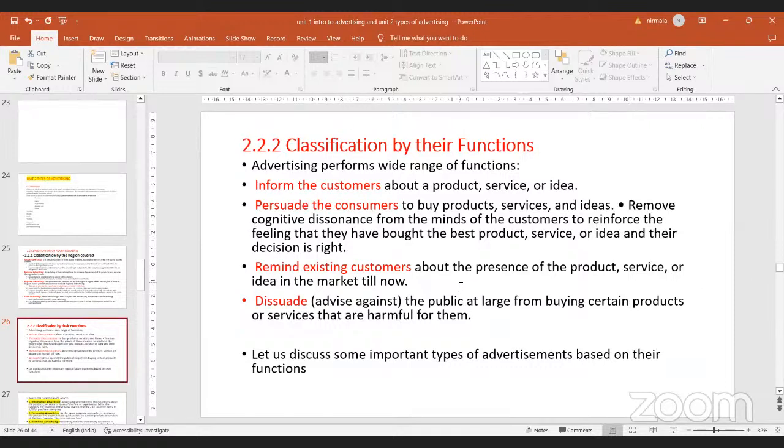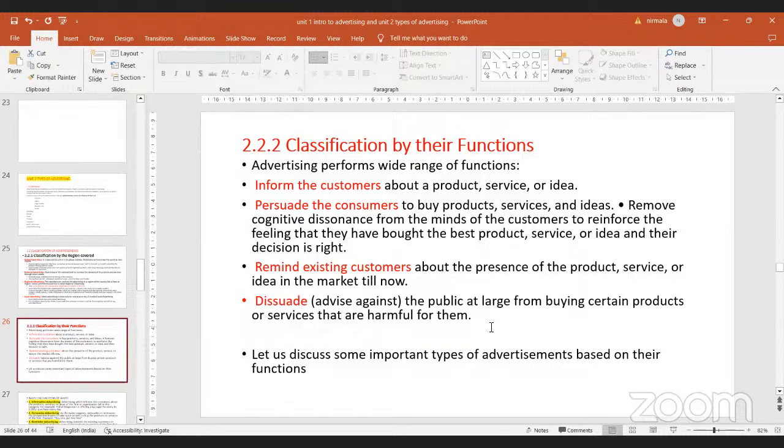And reminding advertising, for those who are prospective consumers or customers, they would be reminded of the products which are available in the market so that the consumers will come and buy the products.